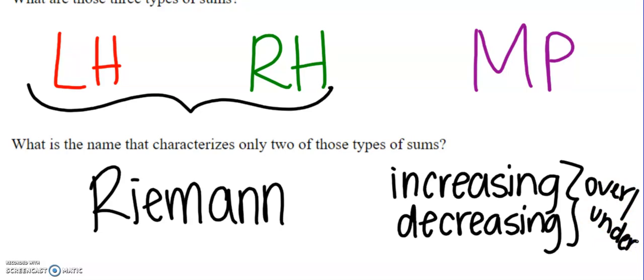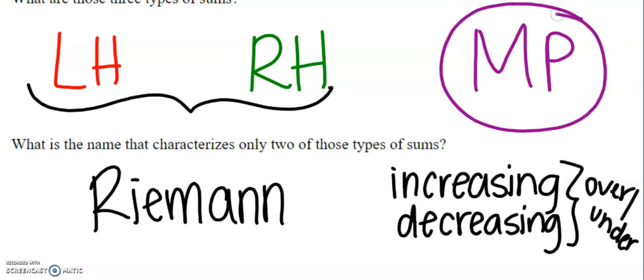So if your function is decreasing, your left hand is going to be too big. If your function is decreasing, your right hand is going to be too small. If your function is increasing, your right hand is too big, and if your function is increasing, your left hand is too small. The midpoint then, I mentioned in class briefly, midpoint over or under approximates based on concavity, which we're going to look at a little bit more here in just a second.